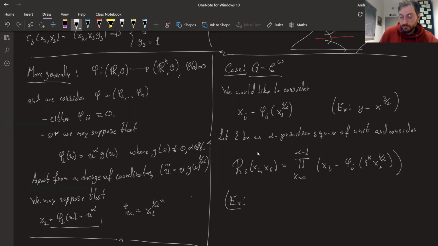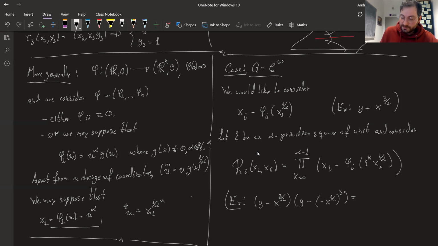So in the example, which would be of order 2, we are taking y minus x^(3/2) times y plus x^(3/2).